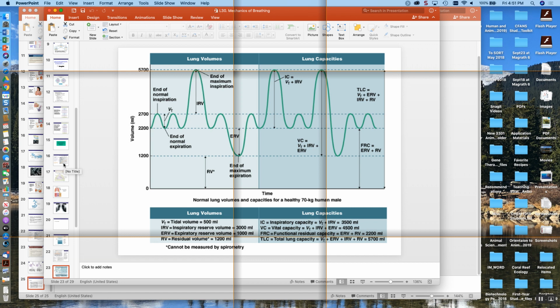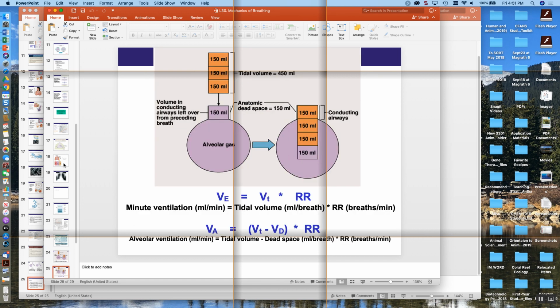We only have 10 more minutes. Okay, so remember we talked about minute ventilation. I think this is intuitive to everybody because it's very analogous to cardiac output. Minute ventilation is basically tidal volume times respiratory rate, and it's a flow, okay? But I had to talk about alveolar ventilation and hypo and hyperventilation, okay?